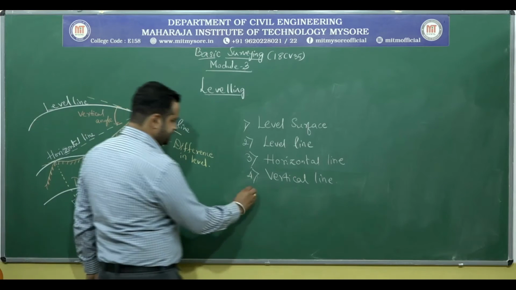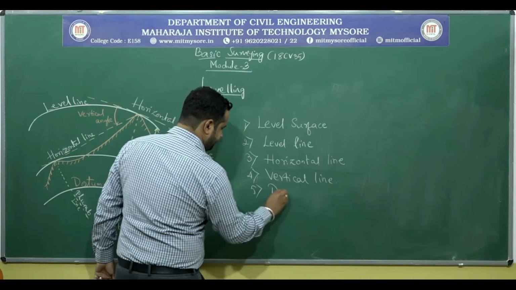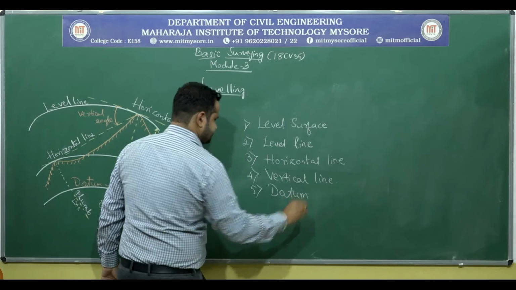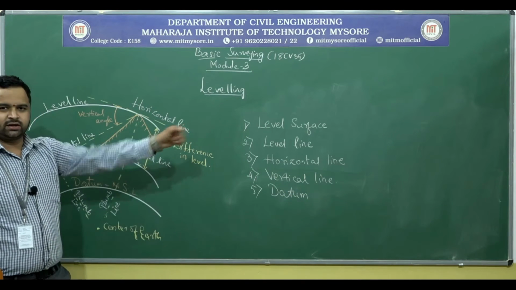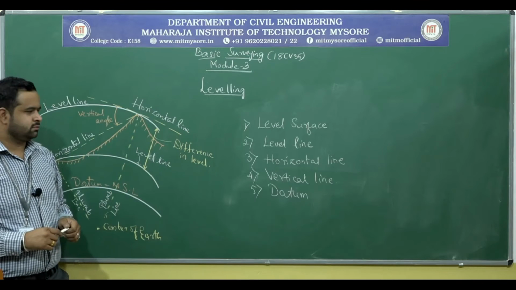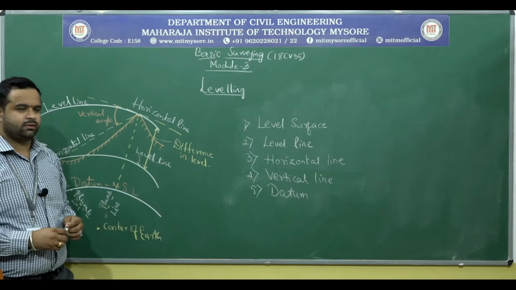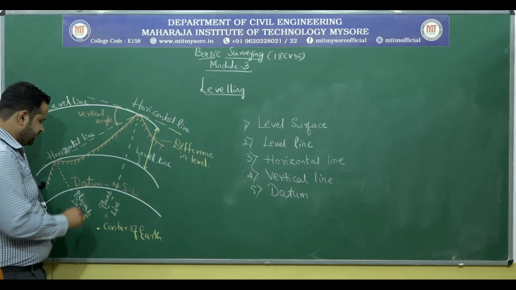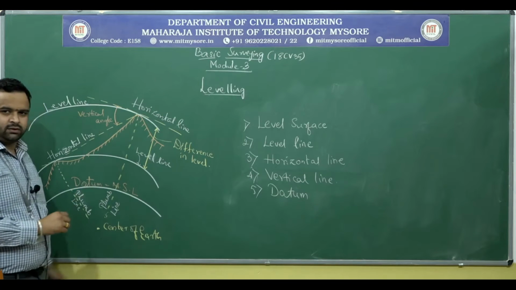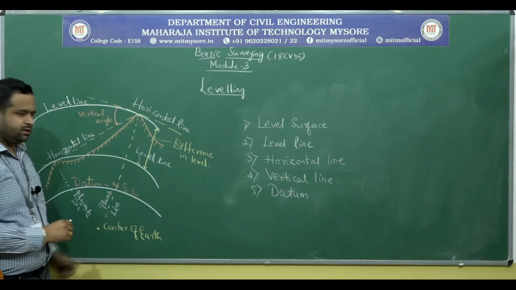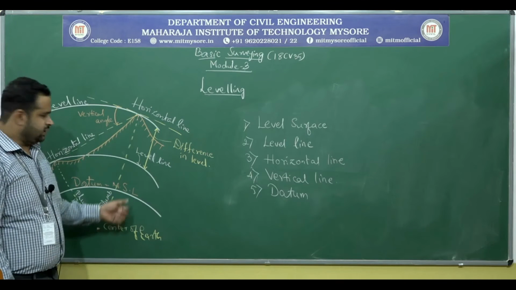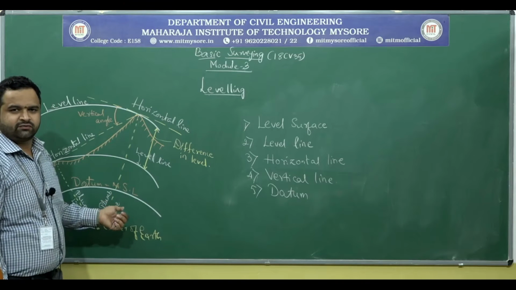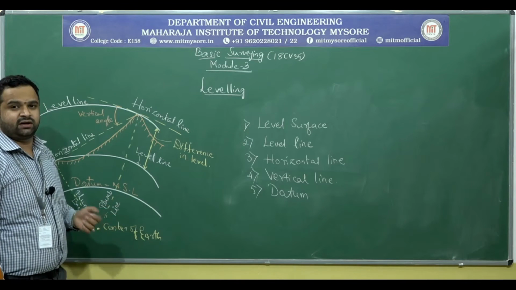The next term is datum. Now, what is datum? As I had written earlier, if you observe this figure, I have written datum here as well, is equal to MSL. This MSL is nothing but mean sea level. I think you have seen MSL at various places, especially in railway stations.